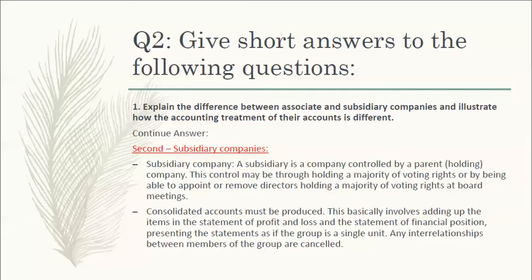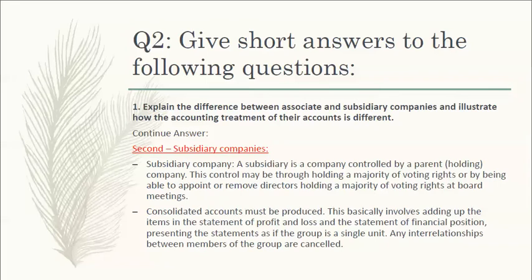Second, subsidiary companies. A subsidiary is a company controlled by a parent or holding company. This control may be through holding a majority of voting rights, or by being able to appoint or remove directors, holding a majority of voting rights at board meetings.